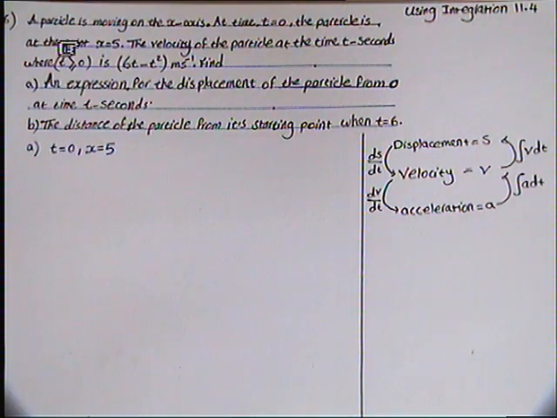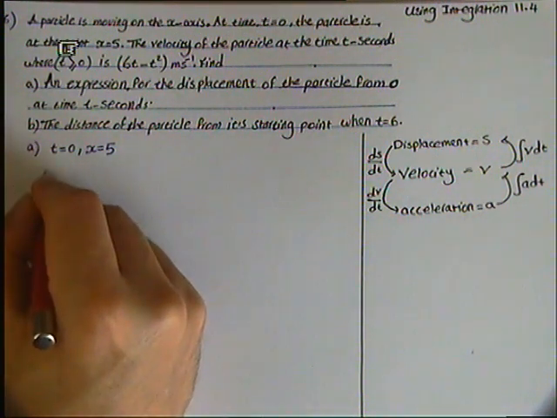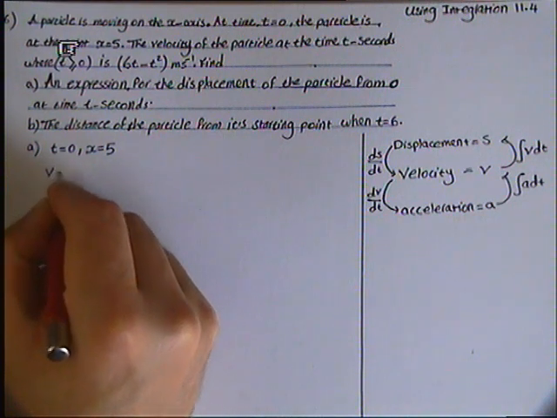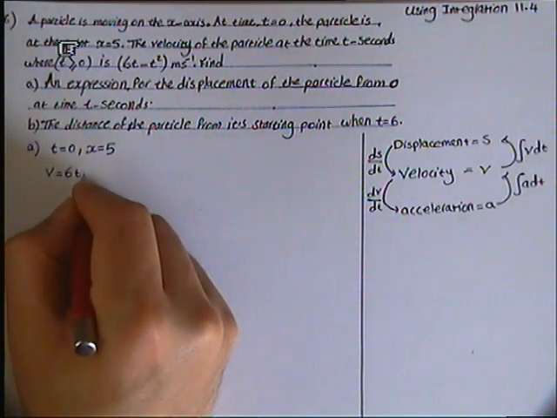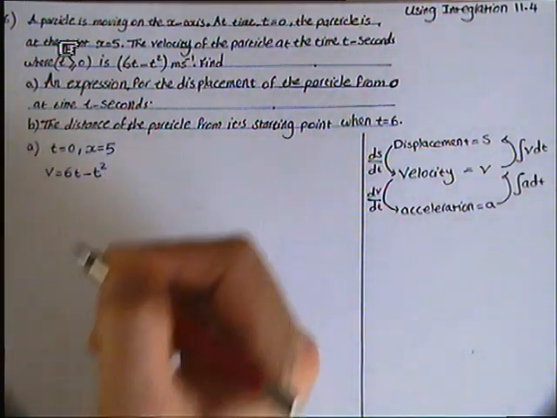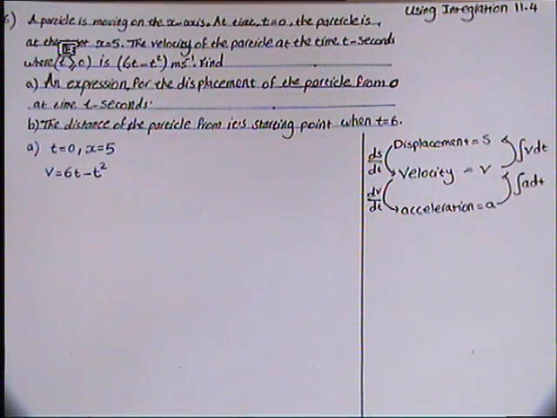The velocity of the particle at time t seconds, where t is greater or equal to 0, which must be so because time should always be positive, is 6t minus t squared meters per second. Find an expression for the displacement of the particle from O.